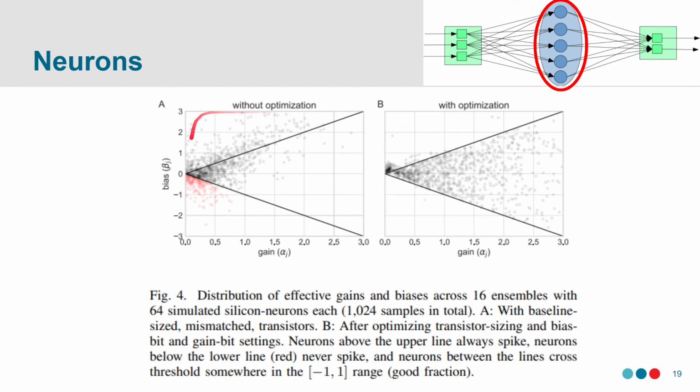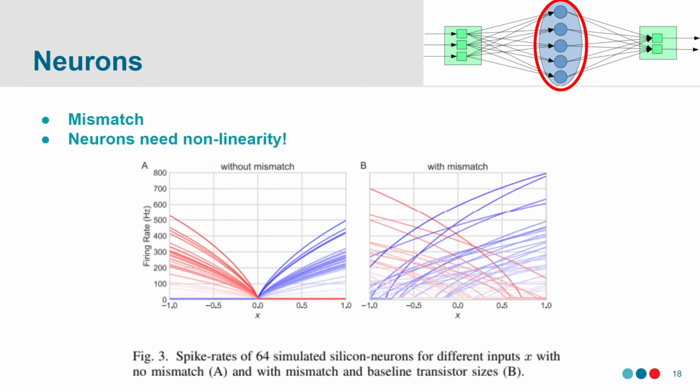So if we do that, we can plot this curve over here. And what we're doing with these lines on top of it is this: below this line here are all the neurons where the bias is so negative that the neuron never fires across that window from -1 to 1 of input.